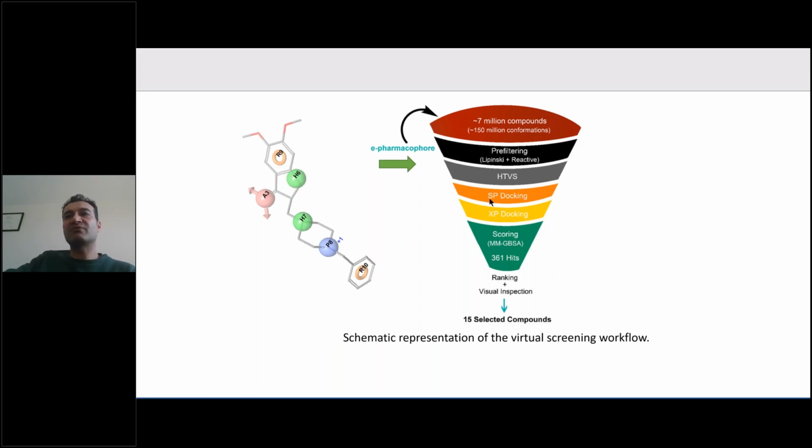So 10% from standard precision docking were subjected to extra precision docking. Normally scoring functions are primitive, so I used a more advanced, more rigorous scoring function like MMGBSA. At the end, I had 361 hits. After the ranking and visual inspection, I selected 15 compounds.